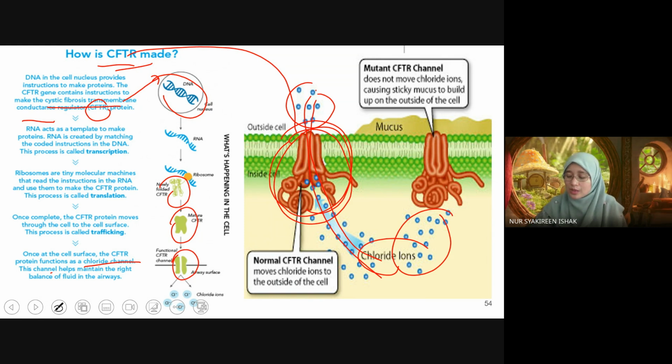When chloride ion cannot move out, it causes mucus to thicken up, as water cannot be attracted to that area. Earlier, we needed chloride ion outside, and it also attracts sodium ions to attract water, causing mucus not to be so thick. But when chloride ion cannot move out, the mucus becomes very, very thick. So that is cystic fibrosis.